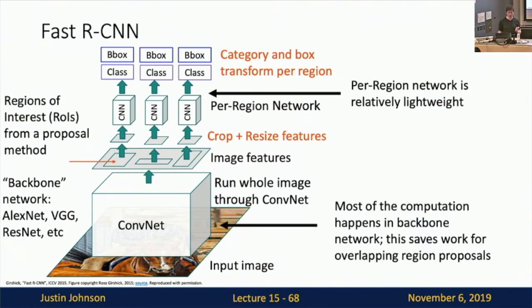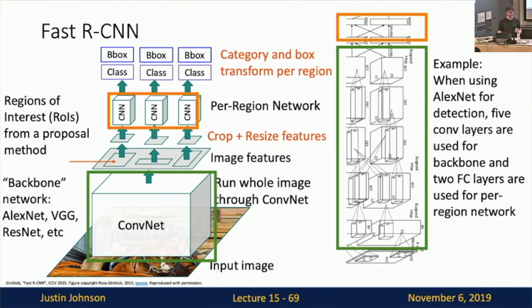Now this is going to be very fast because most of the computation is going to happen in the backbone network, and the per region network that we run per region is relatively small, relatively lightweight, and very fast to run. If you imagine doing something like fast RCNN with an AlexNet, then the backbone is all of the convolutional layers of the AlexNet, and this per region network will just be the two fully connected layers at the end.